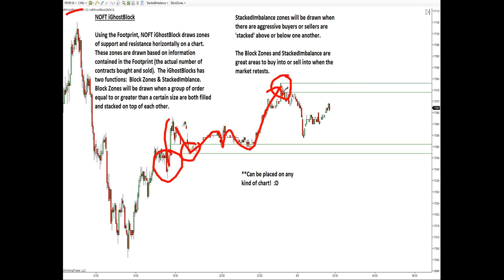What's funny about that is we come back and test it twice, and then we sell off. So these are actual support and resistance zones drawn using the volume, using what's actually coming through the tape. Actual orders that are filled.